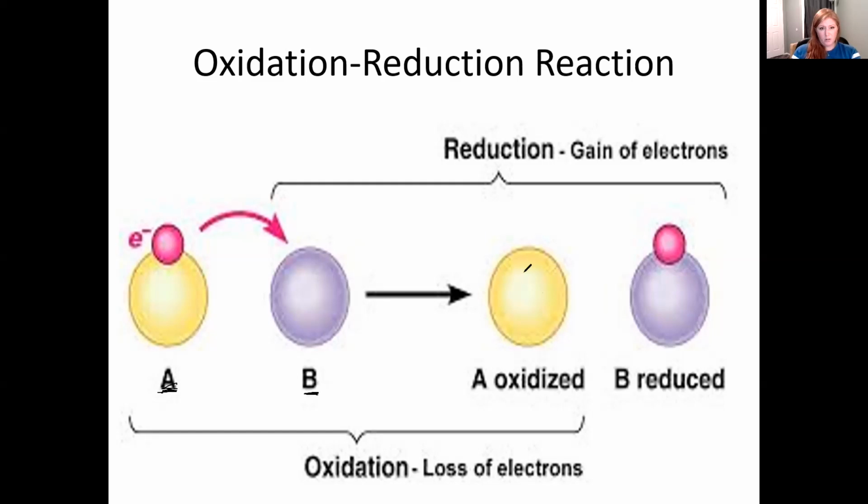It doesn't have it anymore. And B is reduced because now it's carrying it. Okay, so A lost the electron, and B gained it.